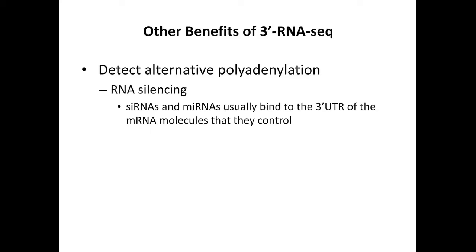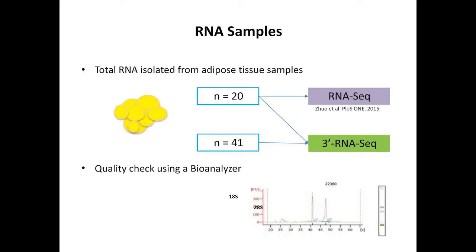If we know this information, we can understand these mechanisms, for example, how one transcript could be silenced with siRNA or miRNA. So this is another benefit of 3' RNA sequencing. And here I will present to you the experimental design that we use.